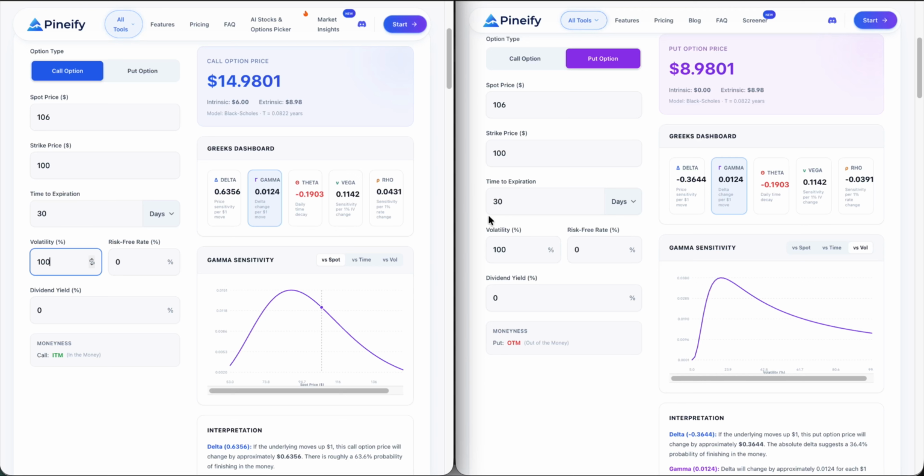We are 30 days out. The stock price is 106, and so we decide that we are going for a 100 strike price, which is quite aggressive because it's not that far from the money, given that we are dealing with 100% volatility. But still, this is what we are going to do.